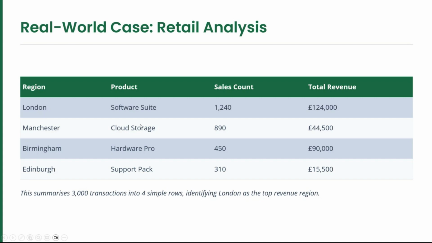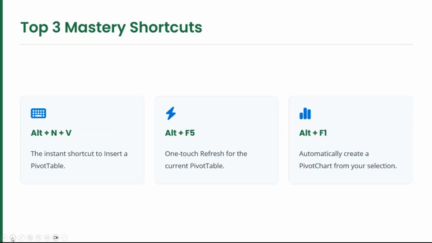If we wanted to present to the CEO or management or the head, you don't want to be showing them 3,000 transactions within your Excel. They'd be like, what is this? So you need to make sure you can create these kinds of summaries that bring everything together. But yeah, guys, that was the theory.